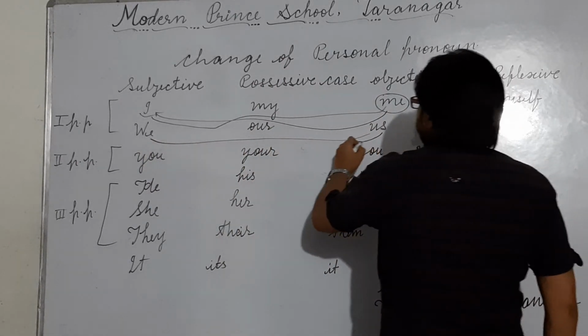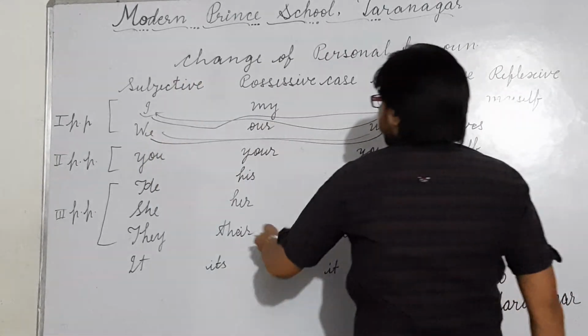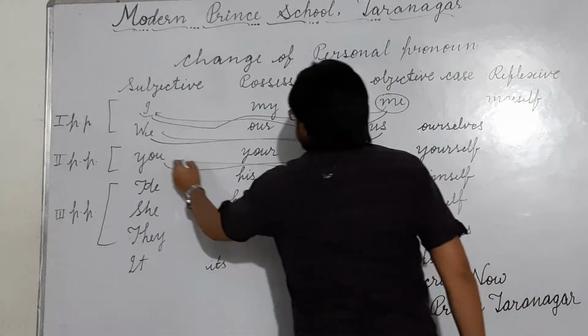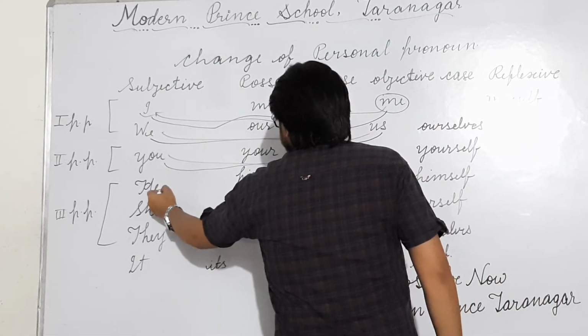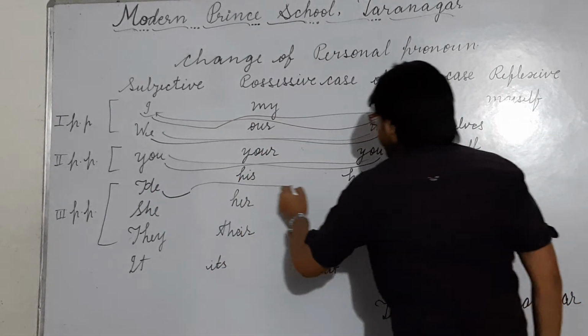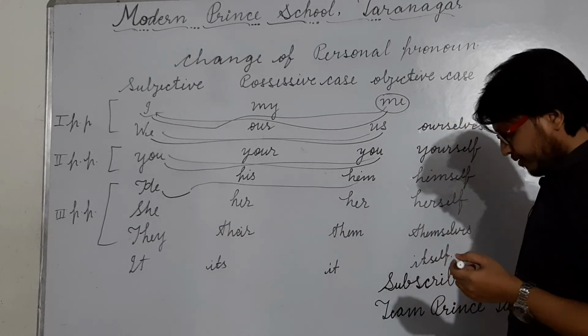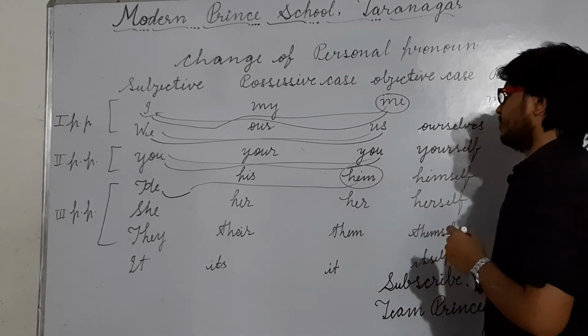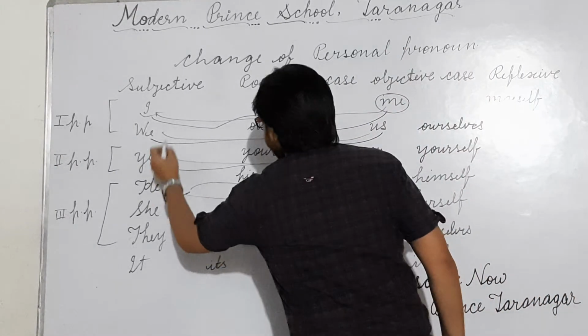If there is us, it will change into we. If there is you, it will change into you, and you will change into you. If the subject is the personal pronoun he, it will change into him. And if we change an object which is him, it will change into he.